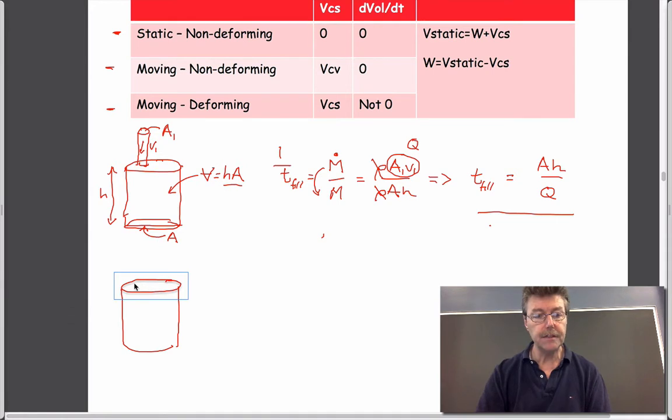And so what we'll do is, again, talk about this same velocity coming in. Then we'll talk about this same height, h. We'll talk about this same area.